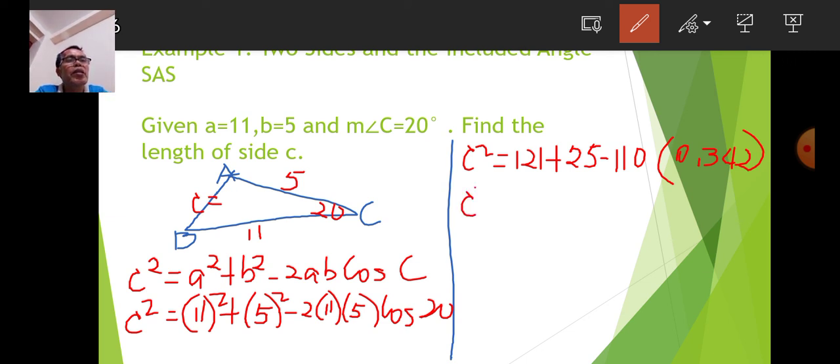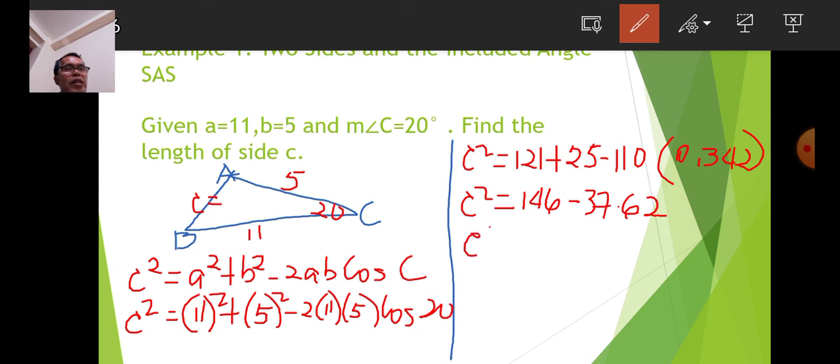So C squared is equal to 121 plus 25, you will have 146, minus 110 times 0.342, you will have 37.62. So that is C squared is equal to 146 minus 37.62. You will have 108.38.